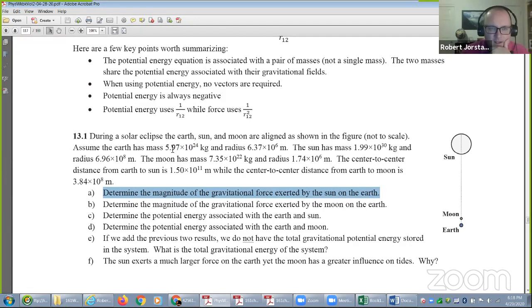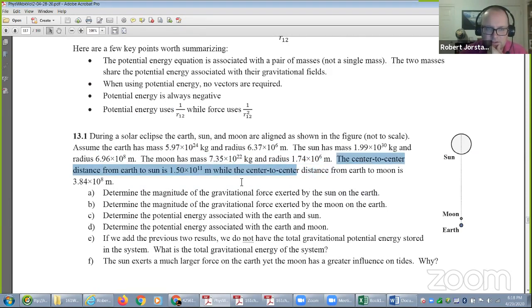We've got the Earth's mass and we've got the radius of the Earth, the sun's mass and radius of the sun, moon, etc. And then notice this final one. To be clear, I also gave you not only the radius of these spheres, I also gave you the distances between them. And I want to point something out here.